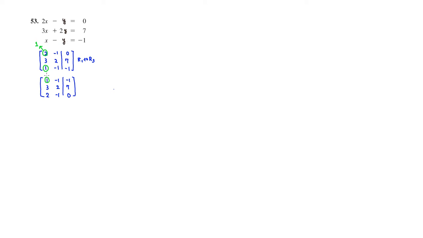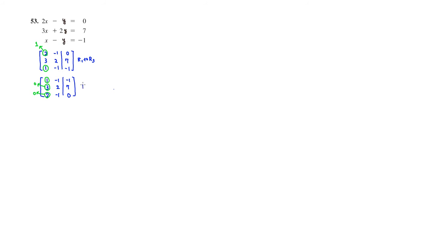Then what we want to do is turn everyone else in that column into 0. So we want to turn this into 0, and we want to turn this guy into 0. The easiest way is, 1 is row 1.